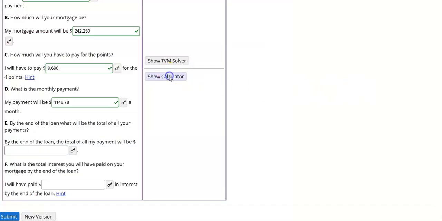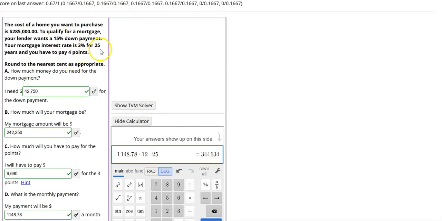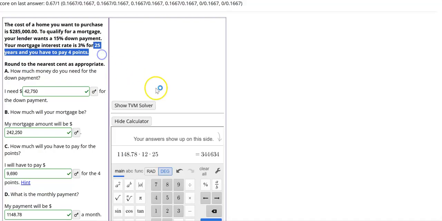So I'm going to use the calculator. PMT, which is 1148.78, times 12 times the time, which is 25 years. Remember that the time period is a 25-year loan.